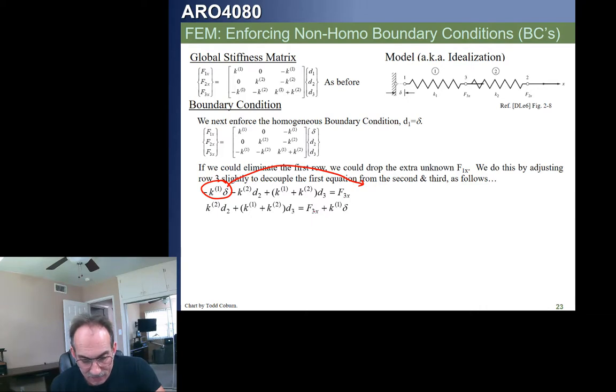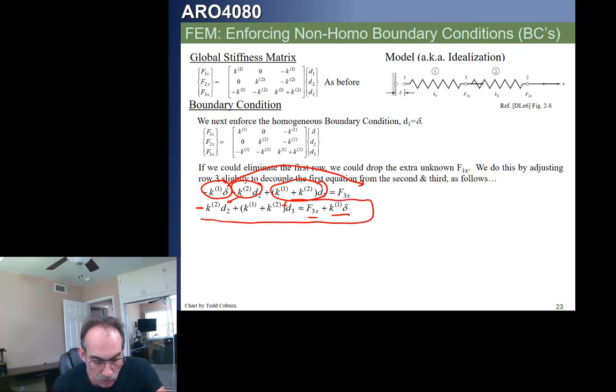So that means f3x plus now k1 delta. We see this term is unchanged. That's actually supposed to be a negative. That's a typo. So this term goes right there, and this term goes right there. And now we have changed this last equation so that it's no longer coupled. You'll notice that this term here is an unknown.